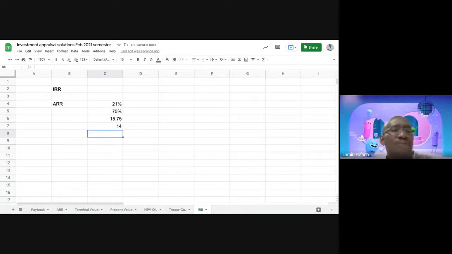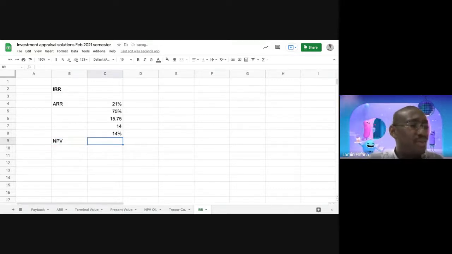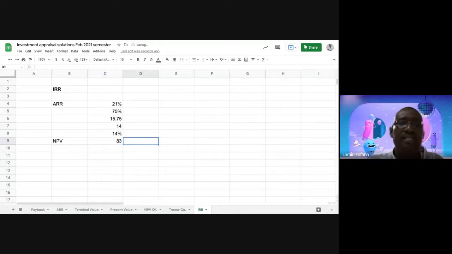Now, if we calculate our present value using 14%, our NPV will be 83. So I'm going to use this 14%. Our NPV will be 83, that's $83. So we're going to add 2% to this 14% to have 16%, right?